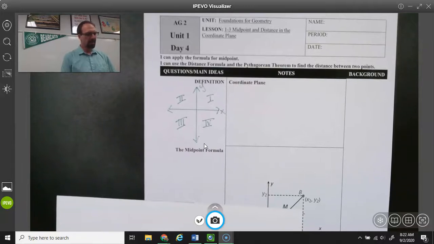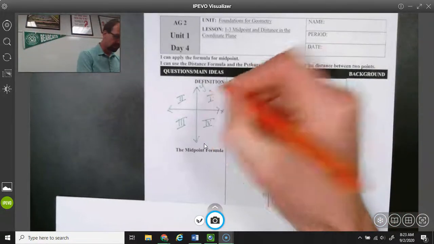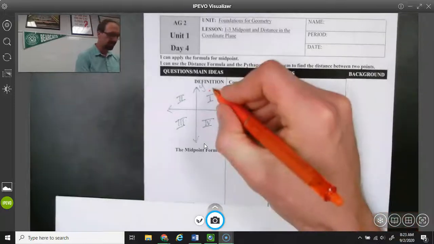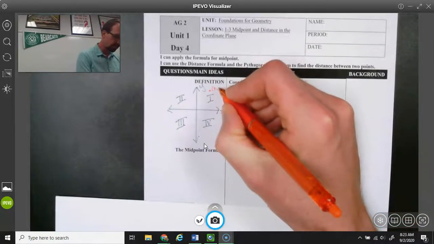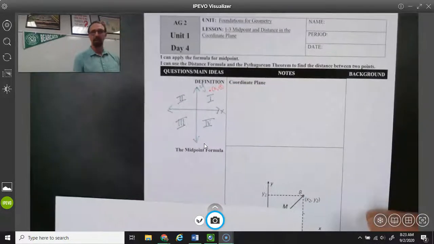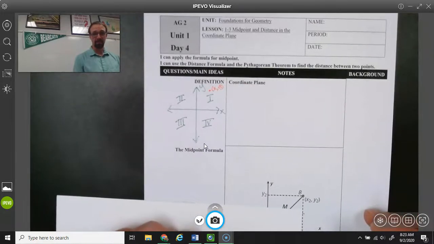And then the other thing to remember is that we have ordered points, basically a coordinate, and that gives us an actual location on this. So if I was to say this coordinate, say this point, I'm going to use a different color. Hopefully you can see the difference. I'm going to use this coordinate right here, so that point, and that would be x, comma, y. Now, the problem is if I make another point on this coordinate plane, and that's also called x, comma, y, we have a problem.